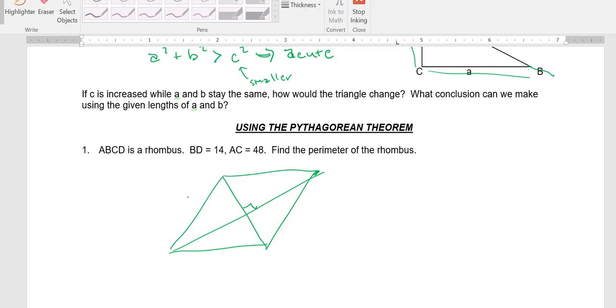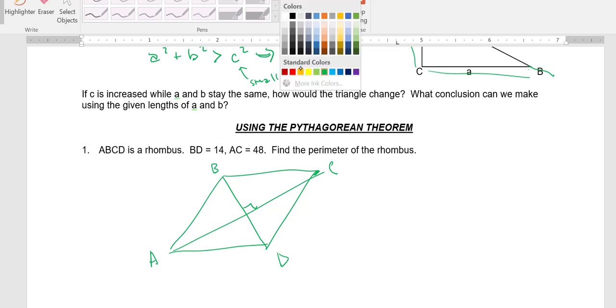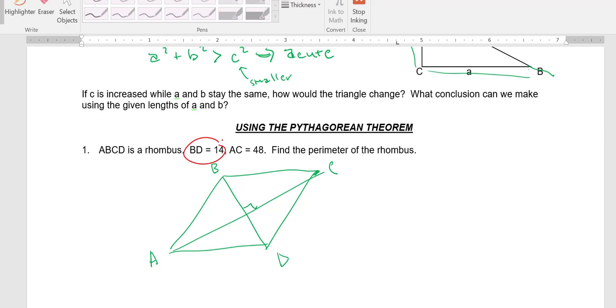Let's say it's A, B, C, D, and I know that BD is 14. I also know that in a rhombus, the diagonals bisect each other, right? That's one of the properties. So this is 7 and 7, and this one's going to be 48, so this AC is 48, so that means this is 24, and this is 24.